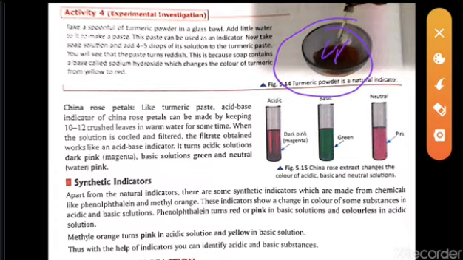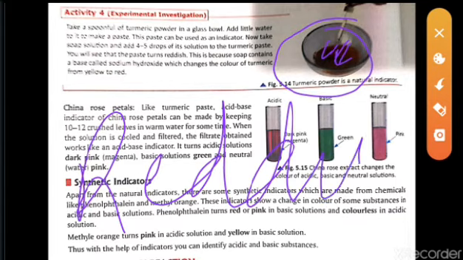What is soap? Soap is slippery, so it contains a base. When the base is added, as I have told you, it will turn reddish. And if we add acid, there will be no change in the color.